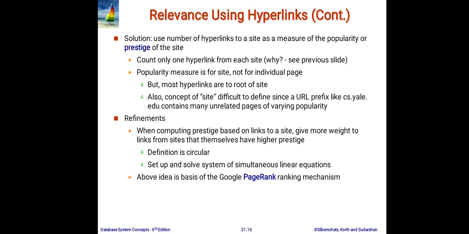The second thing is you can give some refinement when you compute the prestige based on links. The measure of popularity or prestige of the site is the hyperlink. Whenever you want to find the prestige based on links, we give more weight to those sites themselves, so that we know these sites are being searched many times.